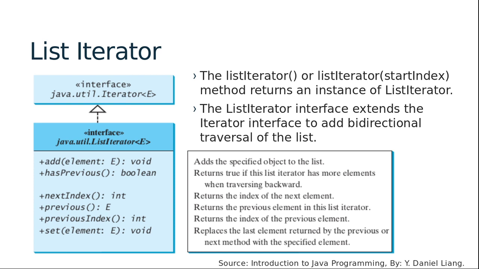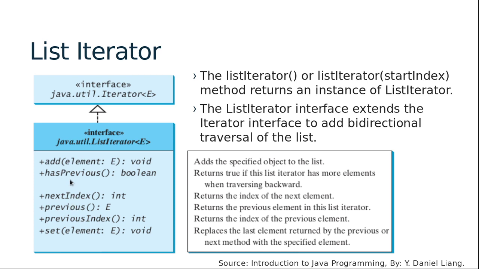In addition to those methods, it has a few more: add a particular element, set a particular element. Now this add and set do not have any index value here because every iterator has its own current position. So the add method will work on the current position, and the set method will work on the current position only.